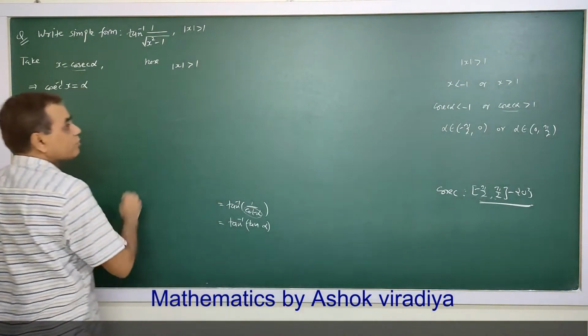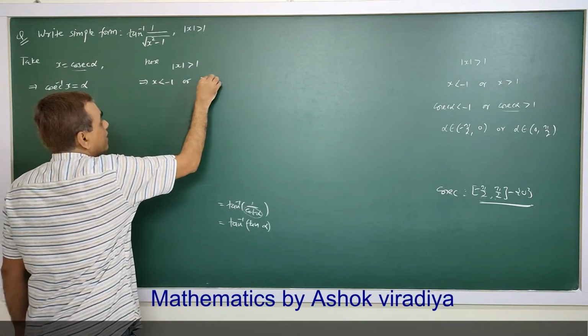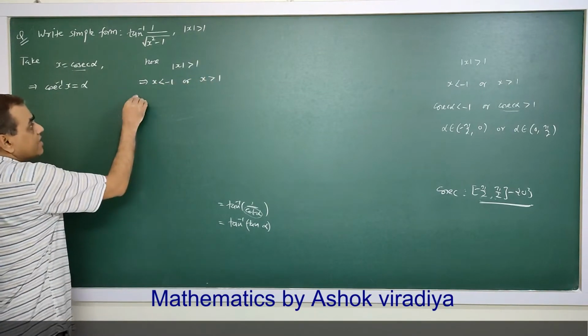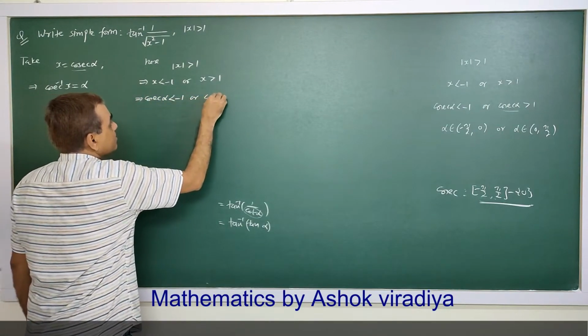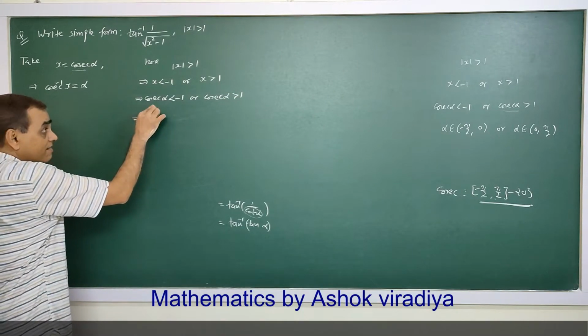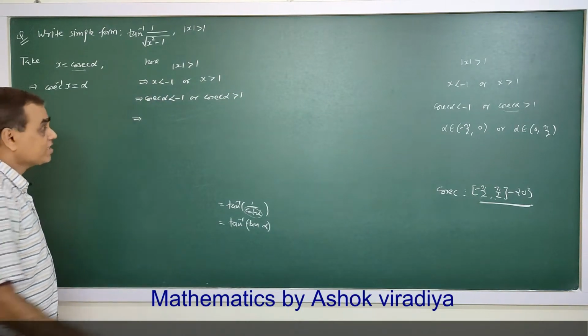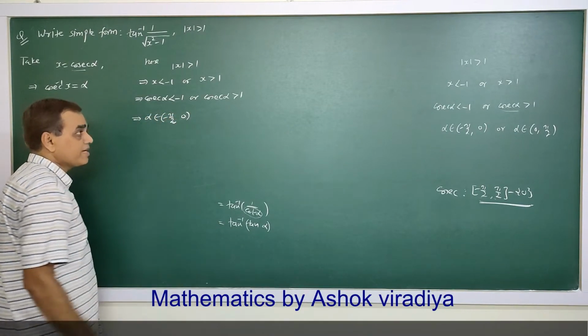Modulus x is more than 1. That means x is less than minus 1 or x is more than 1. That means cosec alpha is less than minus 1 or cosec alpha is more than 1. When cosec alpha is less than minus 1, alpha belongs to open minus pi by 2 to 0.